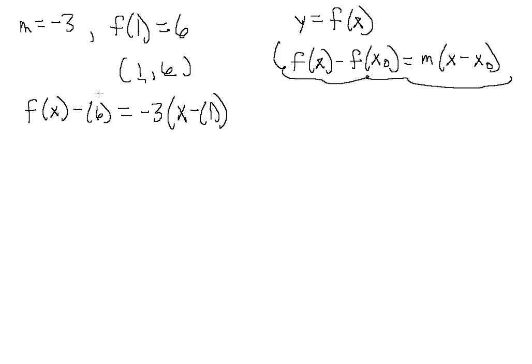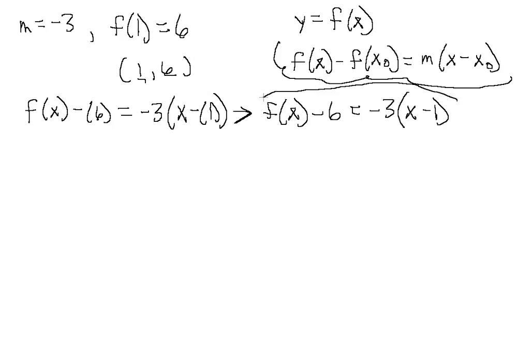We always write it one time in parentheses whenever we're substituting into an equation or a function, and then we evaluate it. f of x minus 6 equals minus 3, and there's nothing fancy to it because we're not subtracting negatives or anything like that. So we just simply have f of x minus 6 equals minus 3 times x minus 1. And that is our linear function in point-slope form.